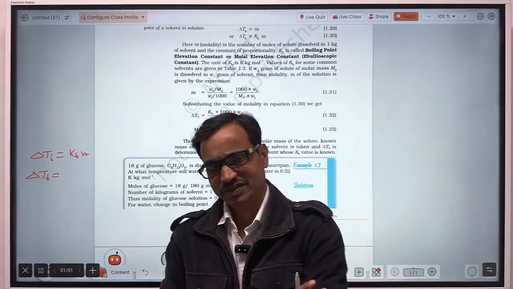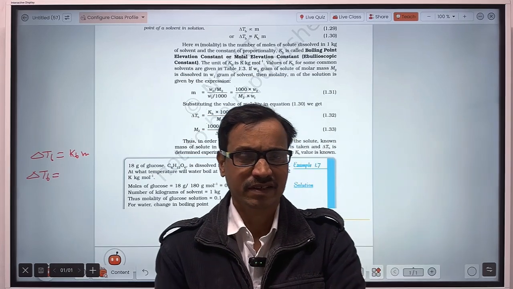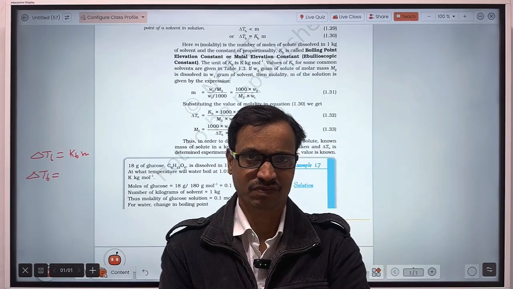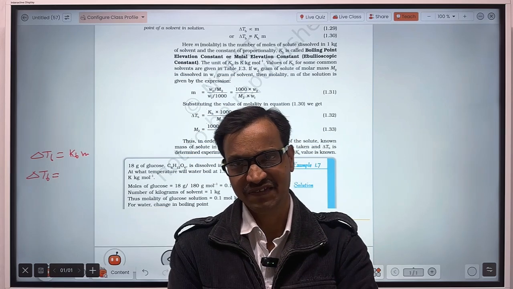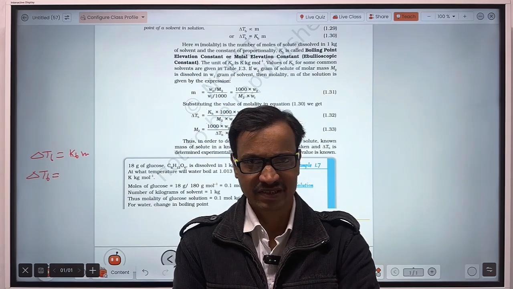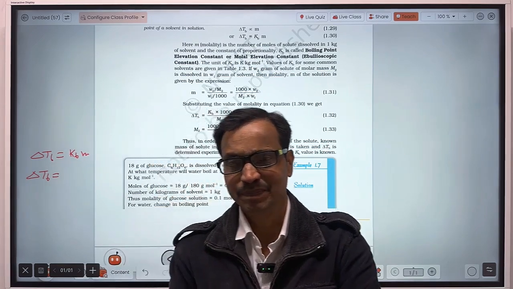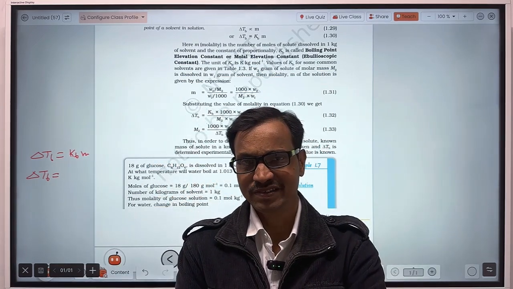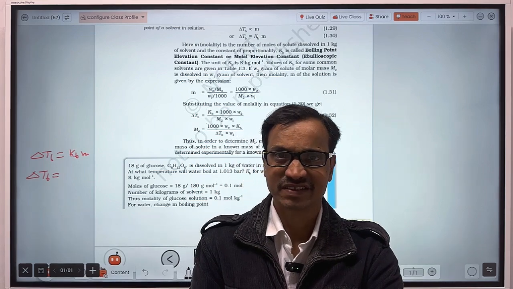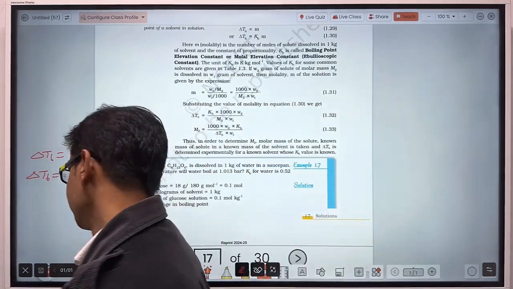So that means what will be the elevation in boiling point. If you calculate that, then you can calculate the boiling point of the solution very easily.